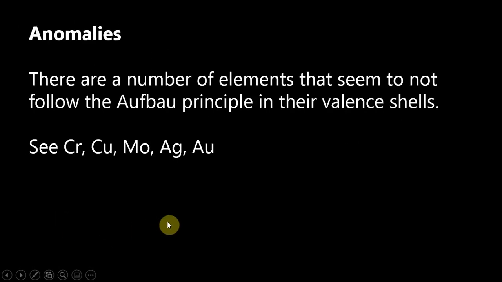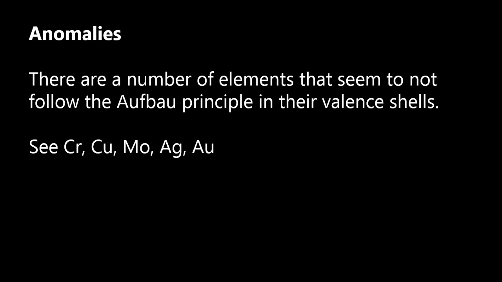One of the things that we will come across as we look at electron configurations is that if we follow the Aufbau principle and the Pauli exclusion principle, we find that there are some configurations which don't seem to make sense at first glance, because they actually violate those rules.